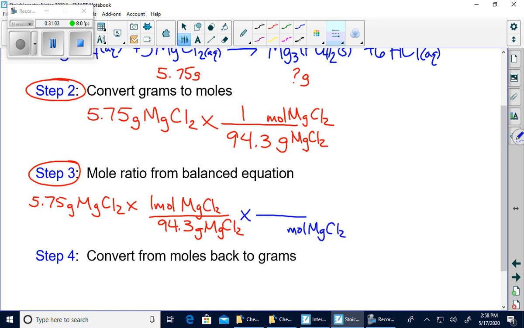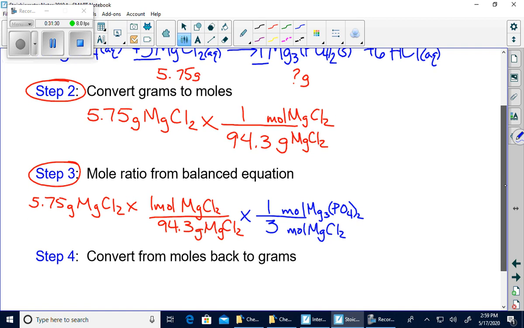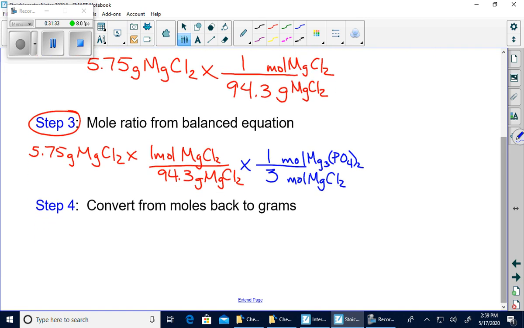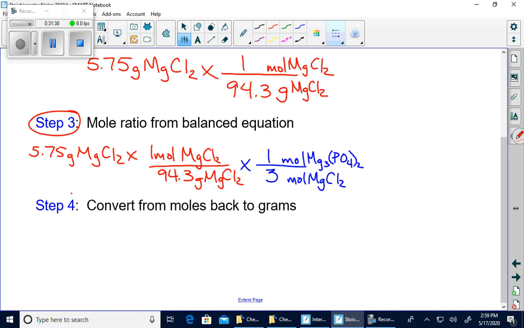I want to go to moles of magnesium phosphate, so that goes on top. Okay, so according to my balanced equation, let's scroll it so you can see up here. 3 and 1. 1 mole of magnesium phosphate comes from 3 moles of magnesium chloride. Okay. Now, jump back to the last step. Convert from moles to grams, all right?